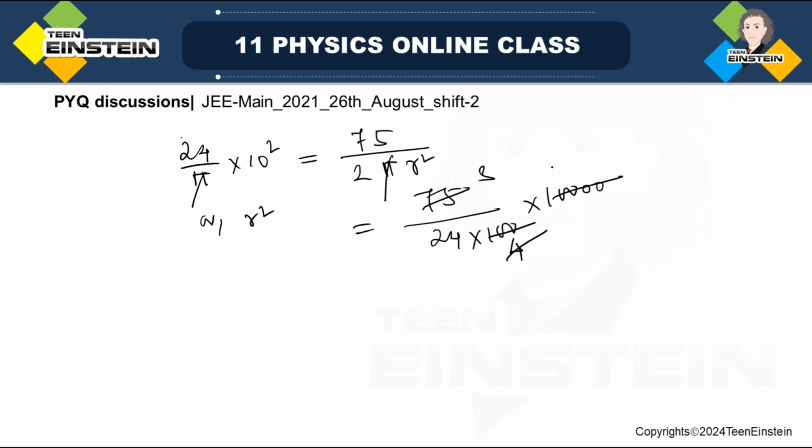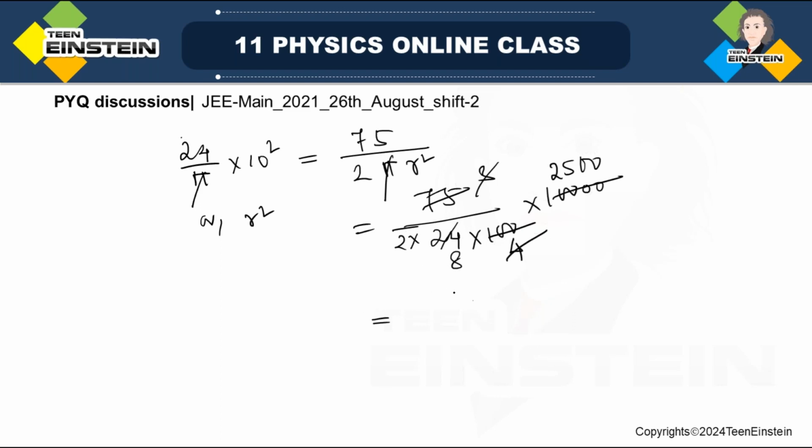So this will be 4, 25 into 4 is 100, so this will be here. Further this will be 8, with 24. I hope it is all right now.